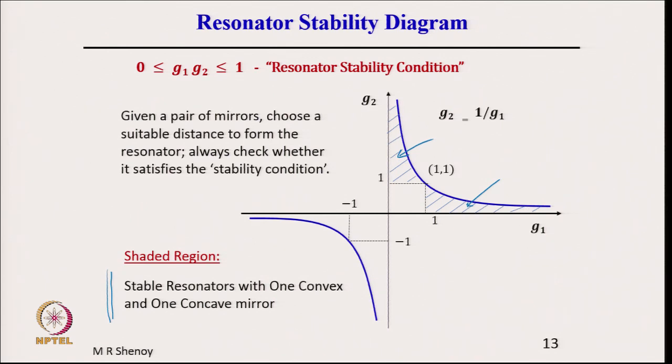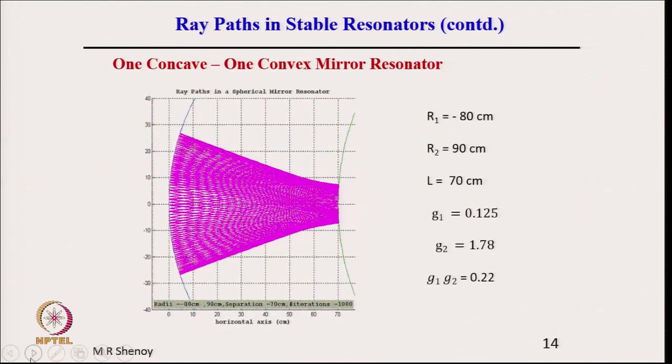Clearly, therefore, one concave and one convex mirror pair can also form stable resonators, which is indicated by the diagram. Here again is the same diagram, same mirrors, but the number of rays is now much larger, so we can see it as a dense beam going back and forth.